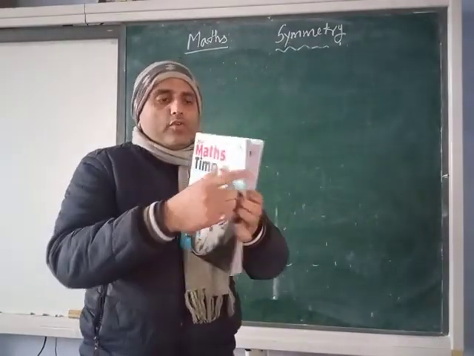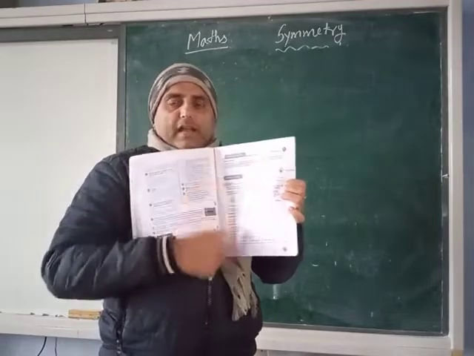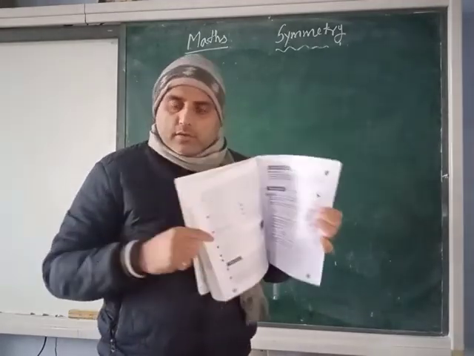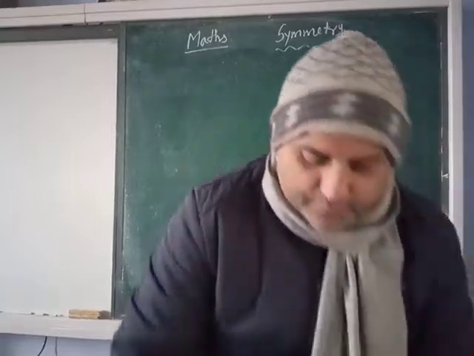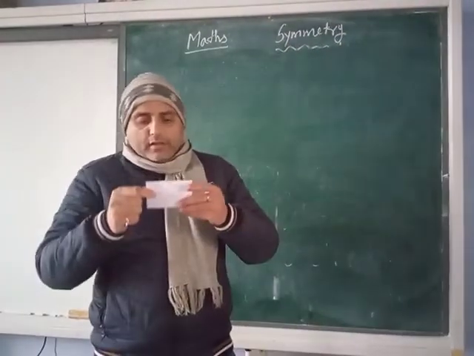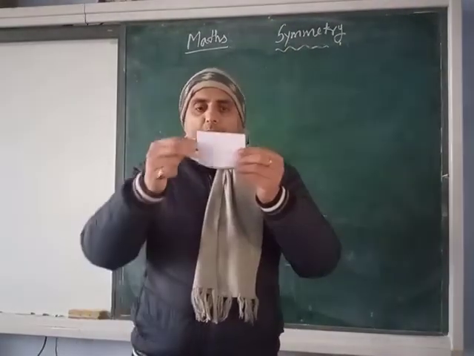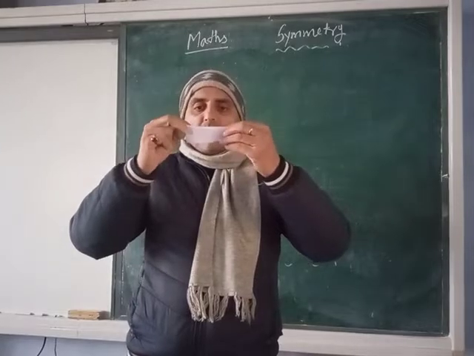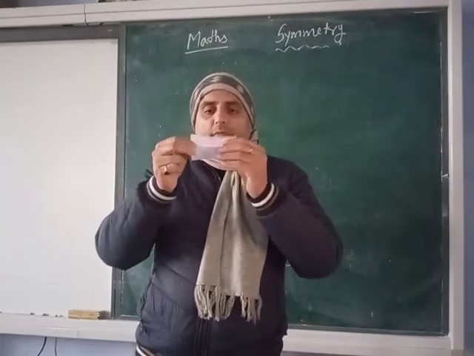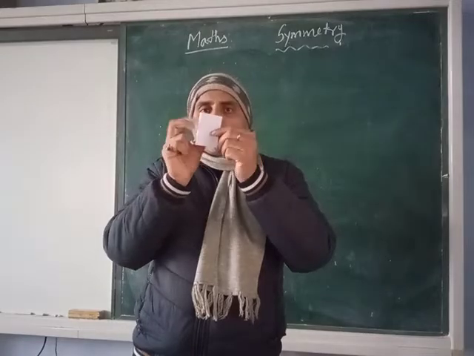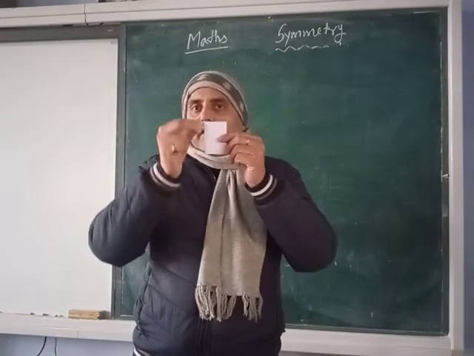Is it clear? So a rectangle has one line of symmetry, that is vertical. Okay? See this page. Take this page. If we fold like this, then it is known as horizontal symmetry. But if we fold like this, it is known as vertical symmetry.